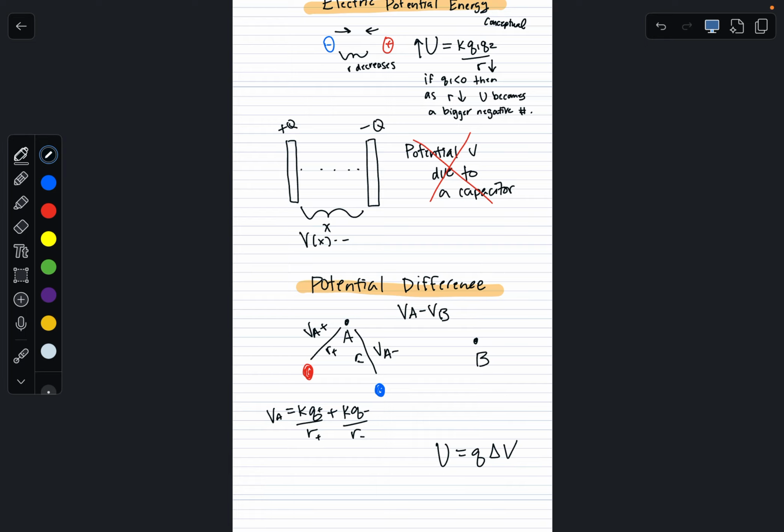If there's a junction, it's in parallel. The rule for adding capacitors in series is you add the inverses, and then you do one more step, you invert the result. For capacitors in parallel, you simply add them together.